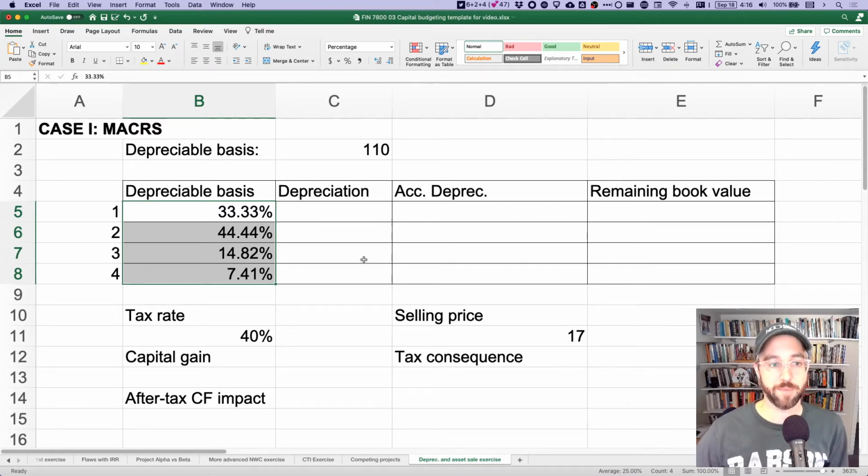One thing I always recommend checking when you see a depreciation schedule like this is to select all the numbers in the schedule and make sure that they add up to 100%, if indeed that's what you think they should.